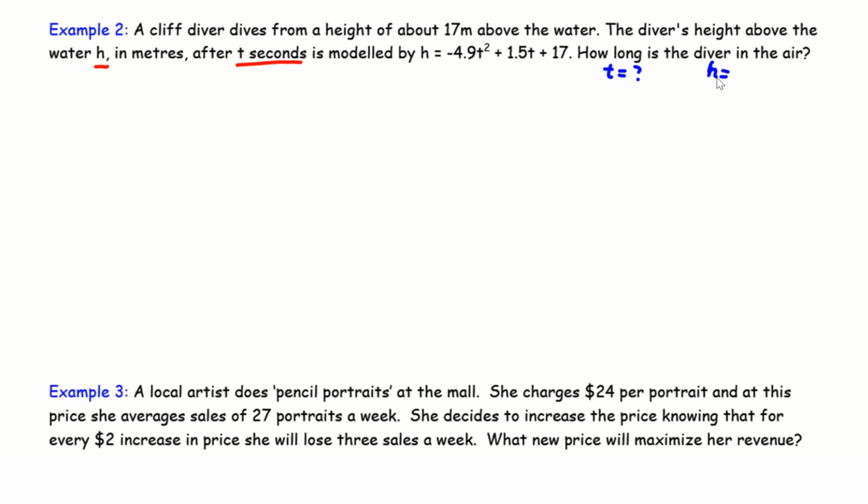So h, if we sketch it, it is negative 4.9 t squared, so it opens down. The initial height is 17, the c value. And the x-coordinate is time in seconds.